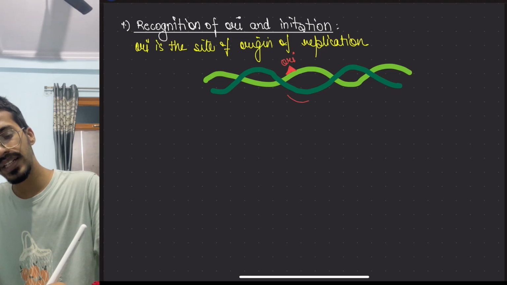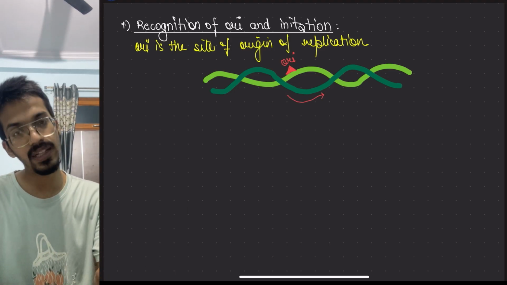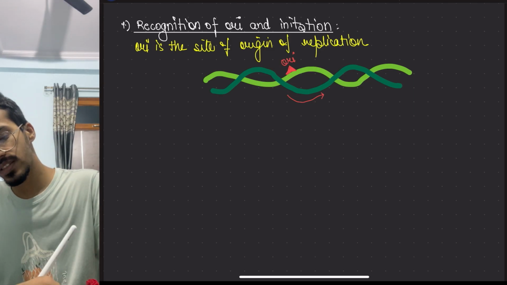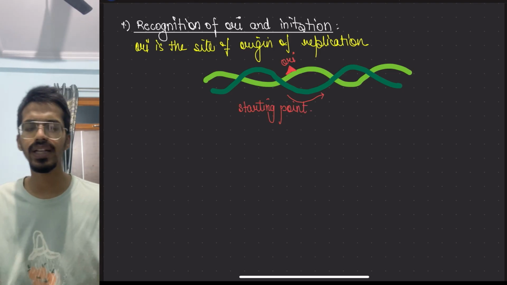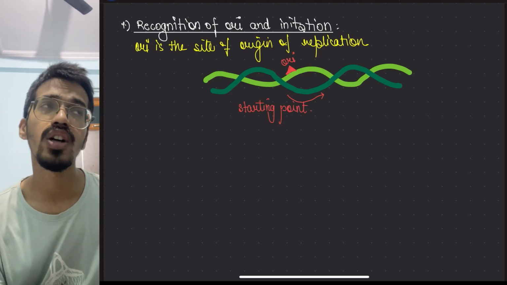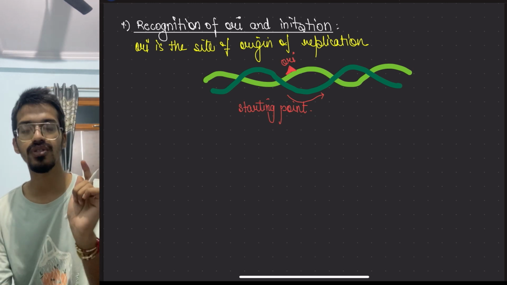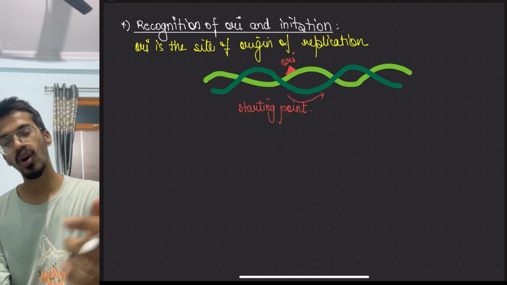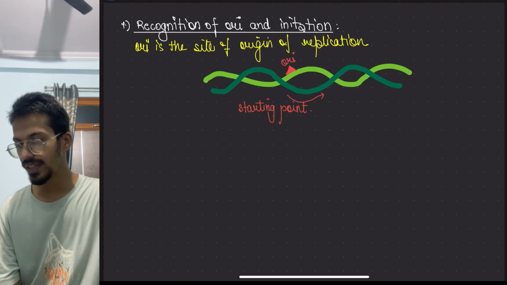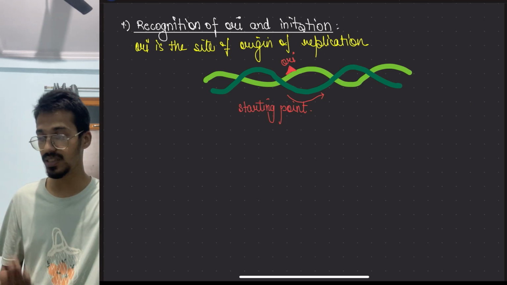From here the initiation will start. This is the starting point. Just an example, don't take it as a big thing. In a race track also, everything comes back to the normal position. The race has to start from a certain point, so that is that point only. This is the racing starting point. I am just writing it in the easiest way possible.